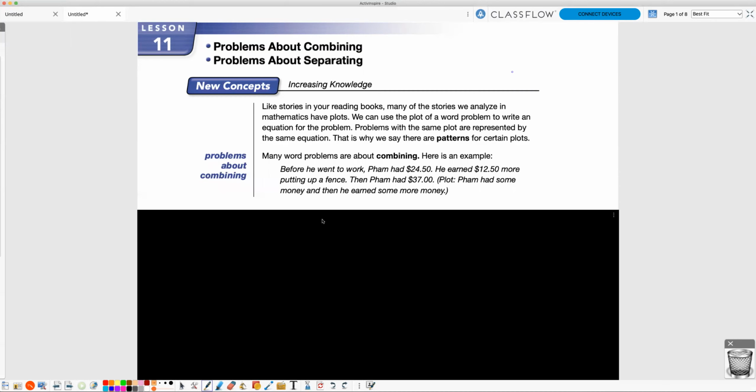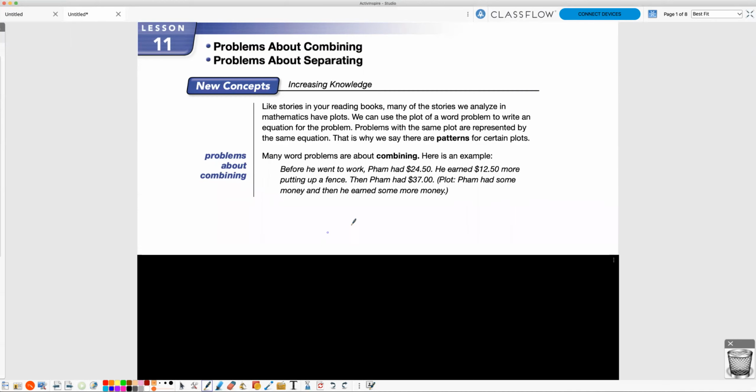So many word problems are about combining. So here's an example. Before he went to work, Pham had $24.50. He earned $12.50 more putting up a fence. Then Pham had $37. So the plot here is that Pham had some money and then he earned some more money. That's a problem about combining.